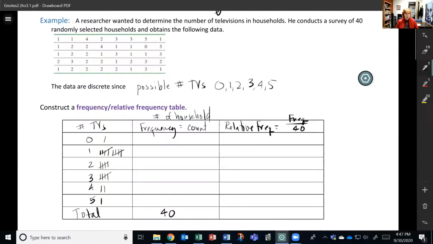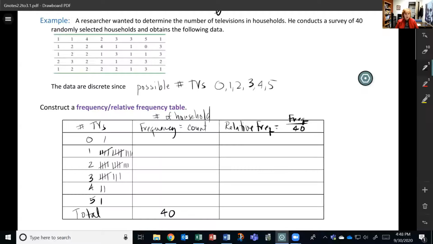All right, then we got 2, 3, 2, 2, 1, 2, 3, 2. Last row, 1, 2, 2, 2, 2. So we got 4 2s, 1, 2, 3, 4. 1, 3, 1.